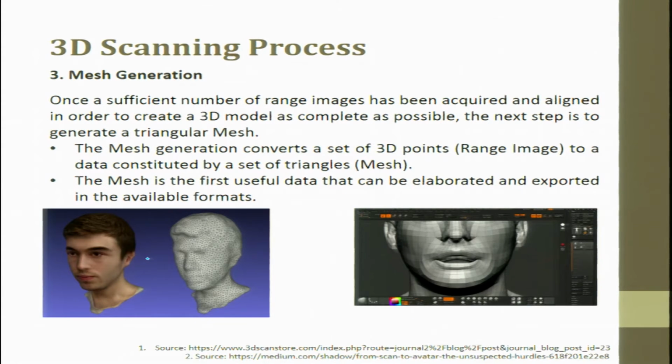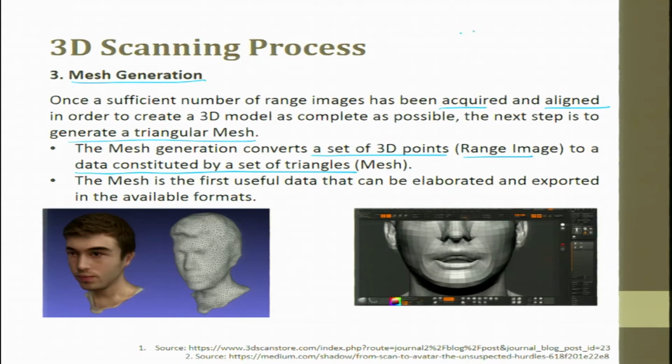Once you have made the point data, and the point data is assembled, what you do is try to do a mesh generation. Once a sufficient number of range images have been acquired and aligned, in order to create a 3D model as complete as possible, the next step is to triangulate the mesh. The mesh generation converts a set of 3D points, a range image, to data constituted by a set of triangles.